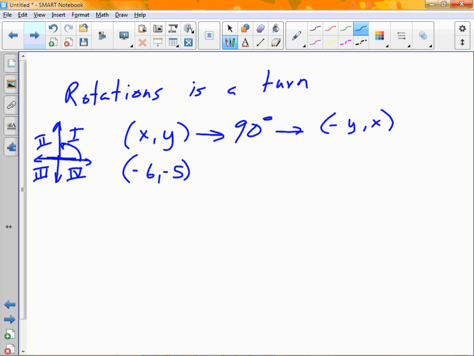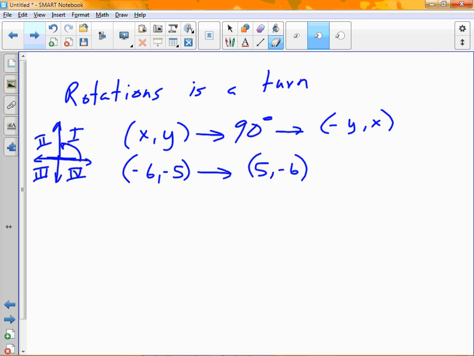What is the negative of a negative 5? So that would rotate to 5, negative 6. If you think about this for a second, it makes logical sense. This point in the third quadrant would get rotated 90 degrees and sent over to the fourth quadrant. And that's a 90-degree rotation.